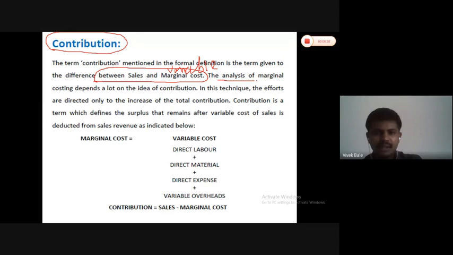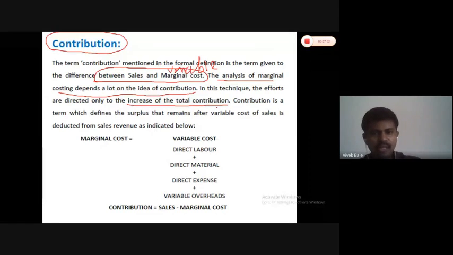The analysis of marginal costing depends a lot on the idea of contribution. The reason I will explain in the next slide. Actually, in this technique, the efforts are directed only to increase the total contribution. If you increase the volume of sales, the variable cost will increase, but as the sales increase, your contribution will also increase.